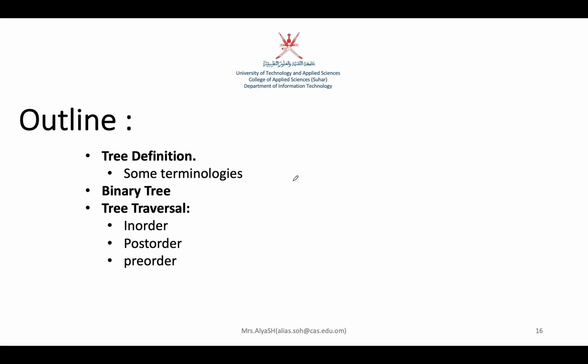And here we reach the end of this session where we introduced the definition of a tree and some terminologies, and then we defined a binary tree, and we also introduced the tree traversals, which are in order, remember the flags, post order, and pre-order.